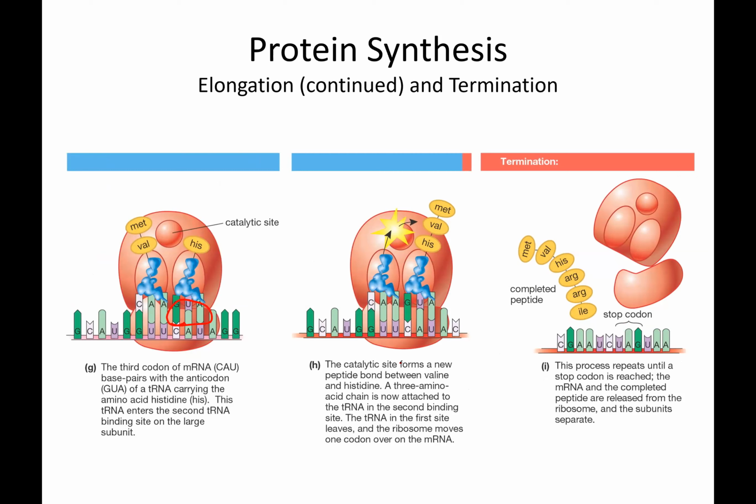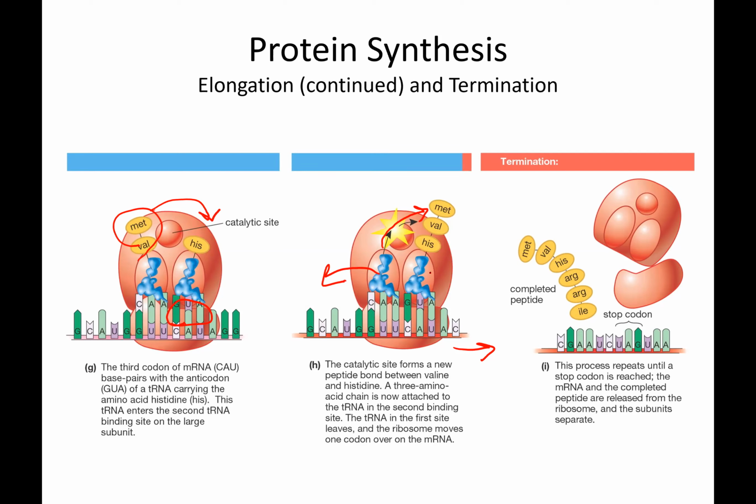Then the catalytic site reaction from the large ribosomal subunit transfers the chain of 2 amino acids over to the A site. And then the mRNA shifts, that tRNA leaves, and that process continues until you've reached a stop codon.